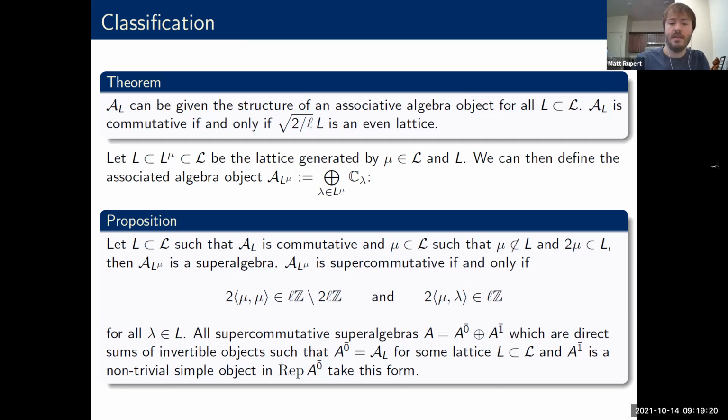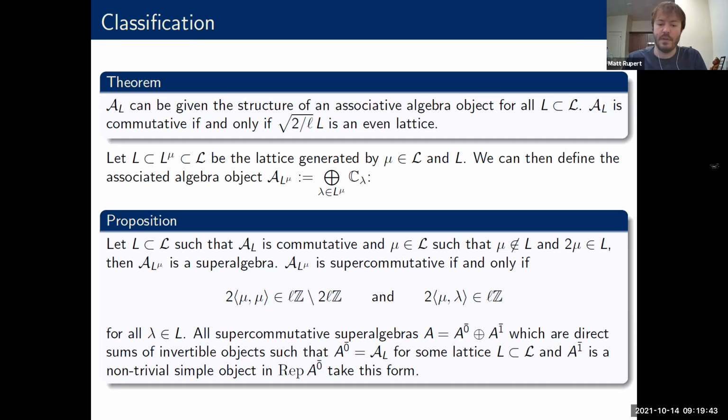Okay, then if we've chosen L such that the associated object is commutative, and chosen mu such that mu is not in L, but 2 mu is, then this object, A L mu, is a superalgebra. And it's supercommutative if and only if these two conditions on the form hold.